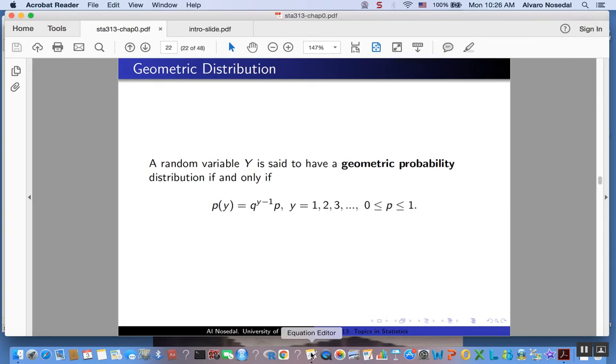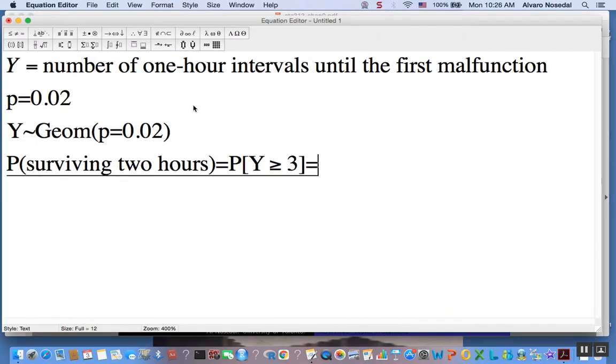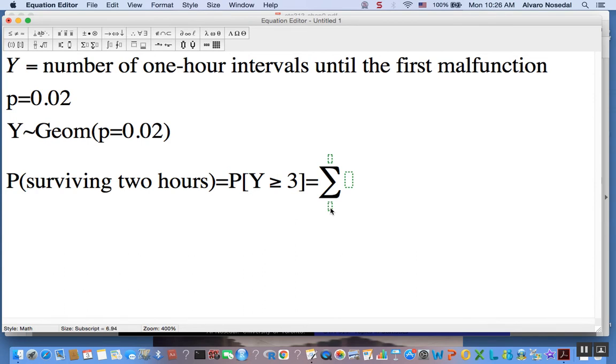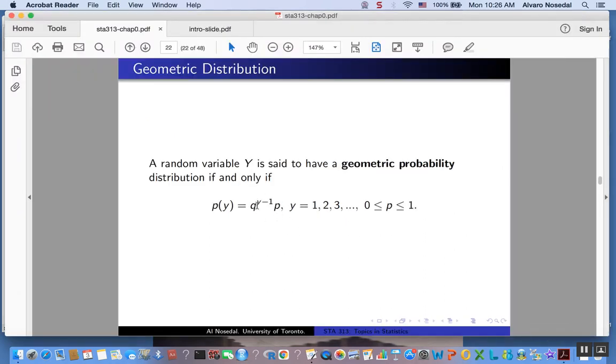So if we wanted to find this by hand, it would be the sum from y equals 3 up to infinity of that probability mass function, 1 minus 0.02, that would be q, to the power y minus 1 times p.